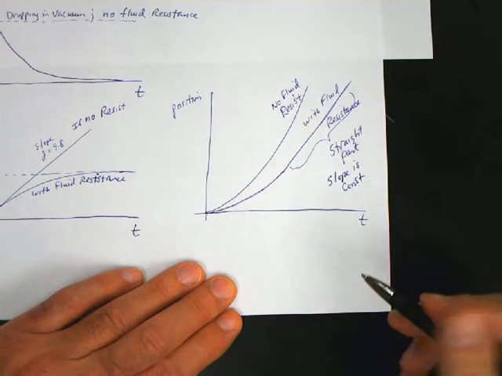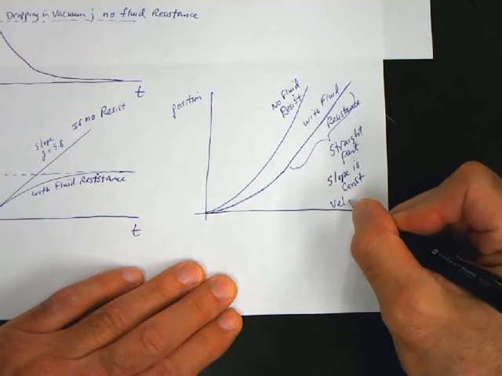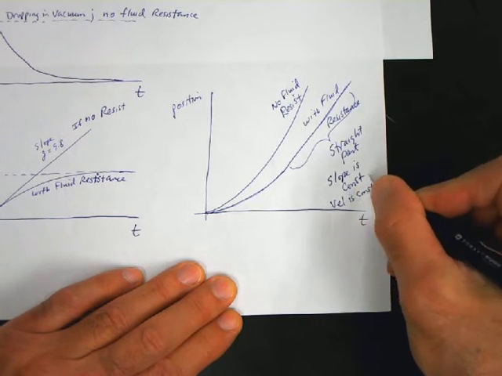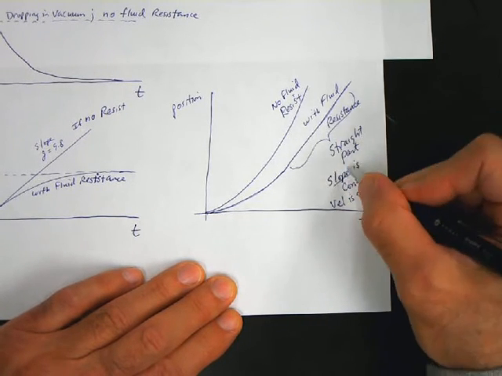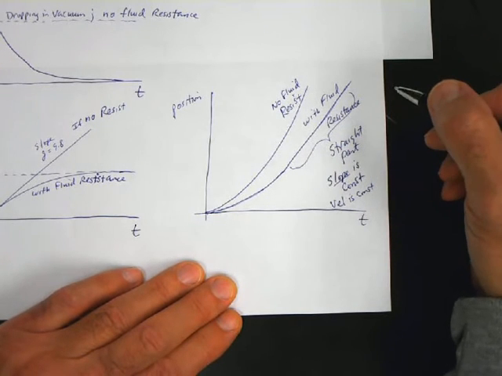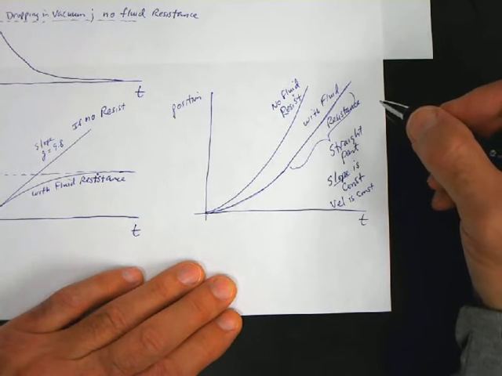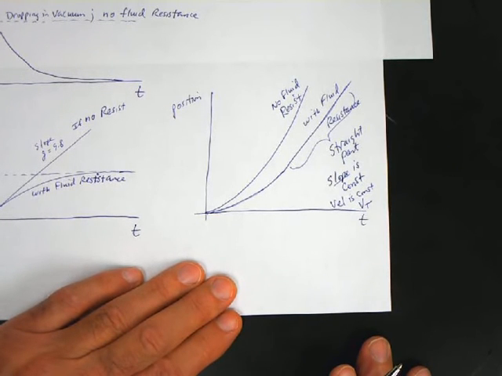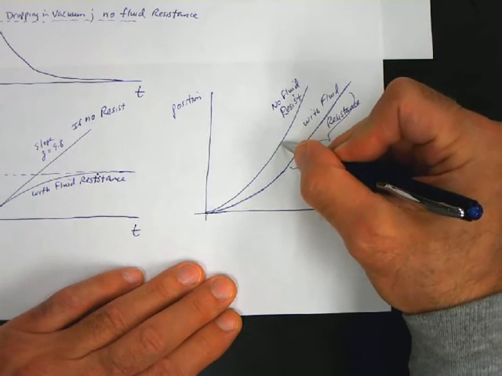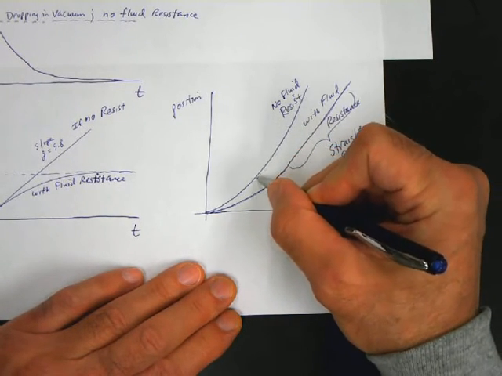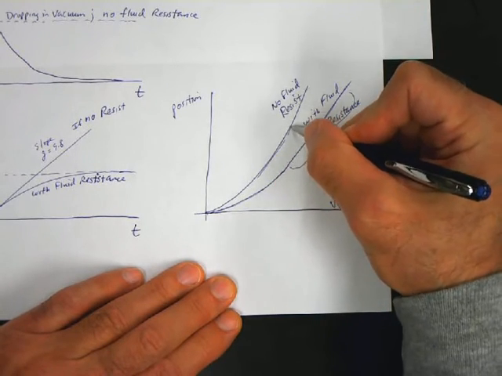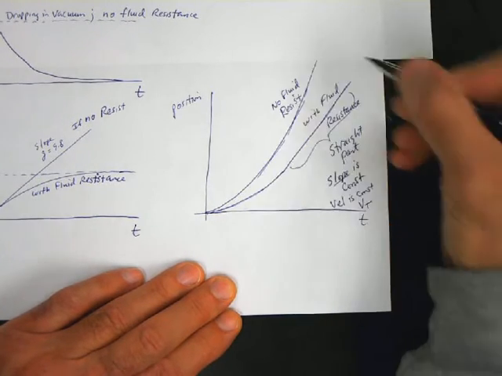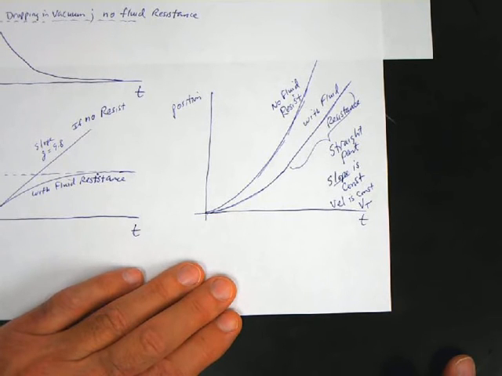That means the velocity is constant. So if we find the slope of this region here, that would give us terminal velocity, huh? I'll put Vt, terminal velocity. Whereas with no air resistance, the slope keeps getting steeper. It might be that steep here, this steep here, even steeper here. No terminal velocity. Okay?